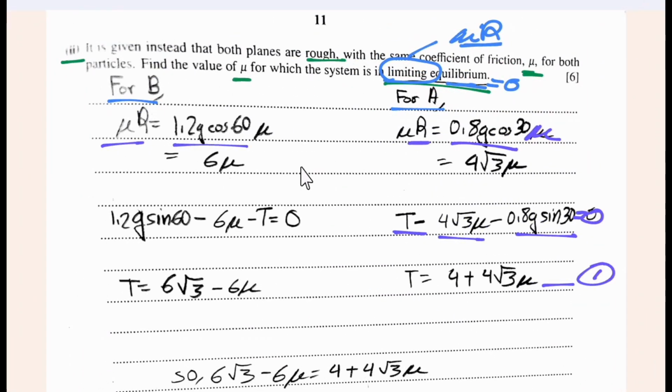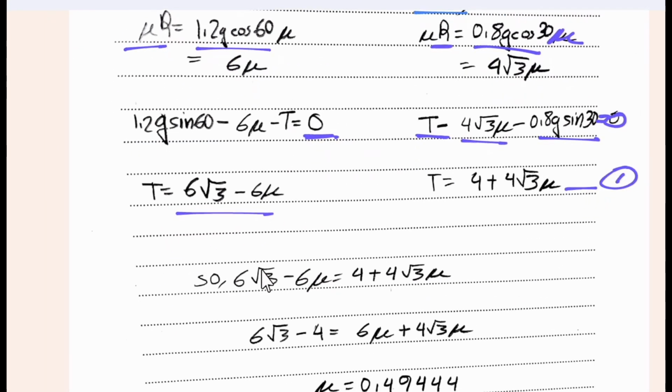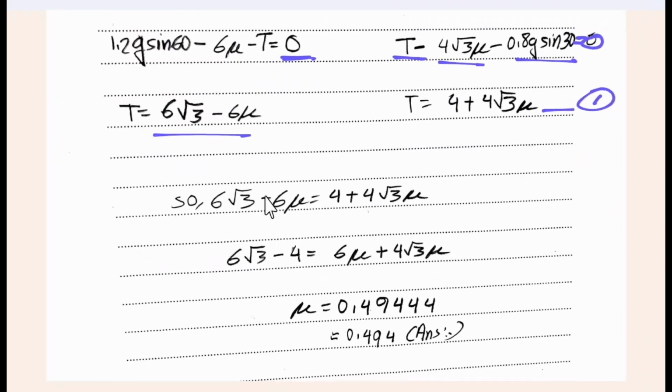Since the system is at equilibrium, acceleration is 0. So this is the second expression for B. Now we just solve these equations simultaneously to find the value of mu, which is 0.494 as the final answer. And since mu has no unit, this is the answer.